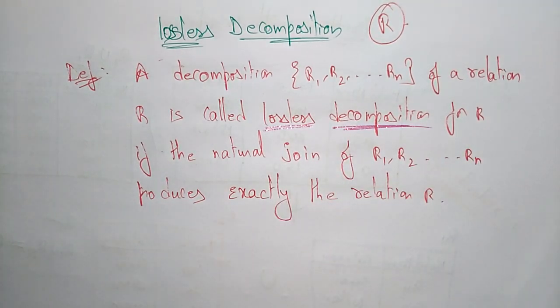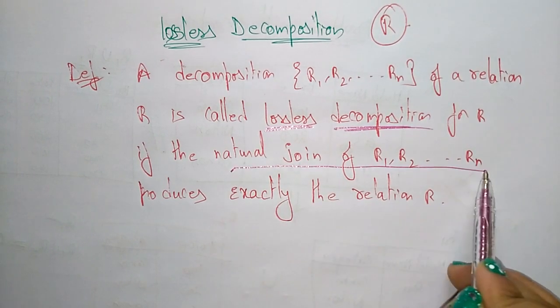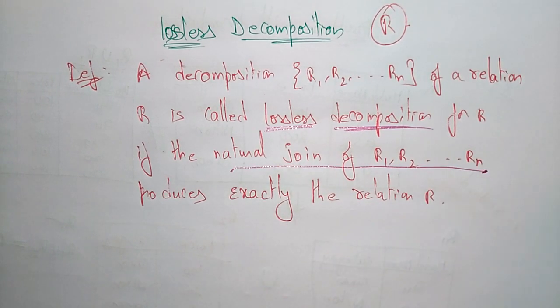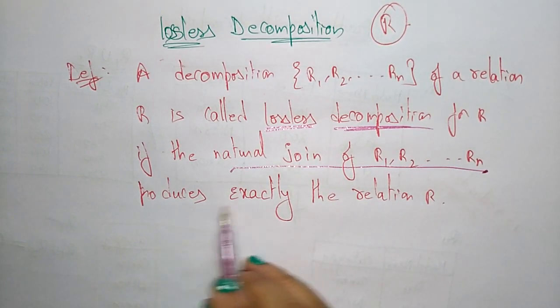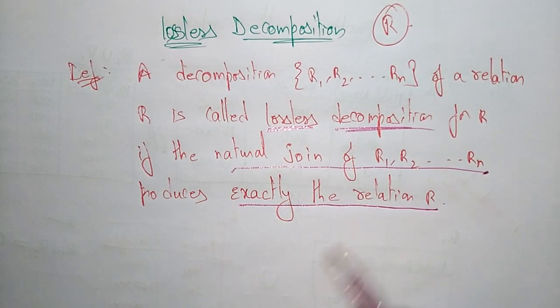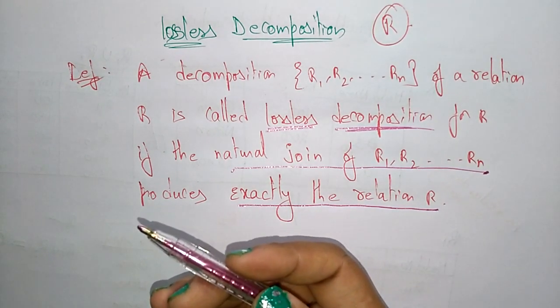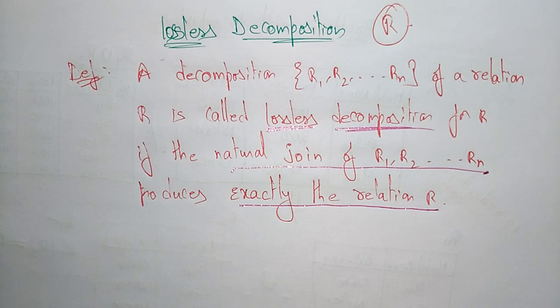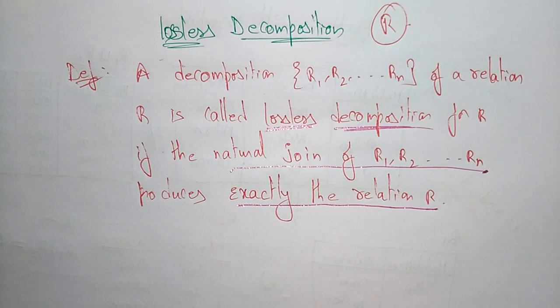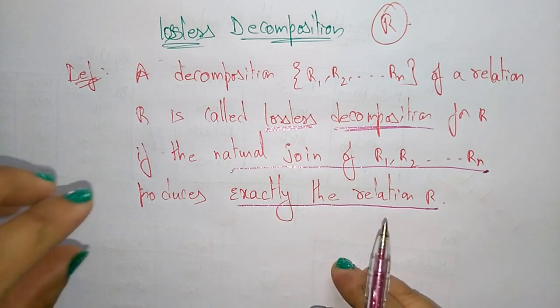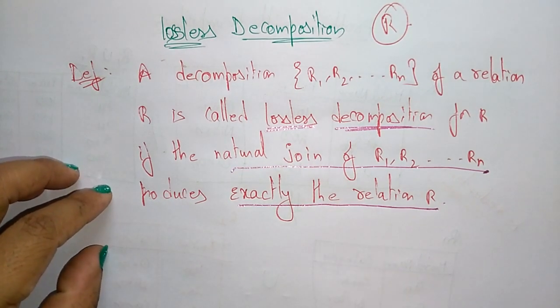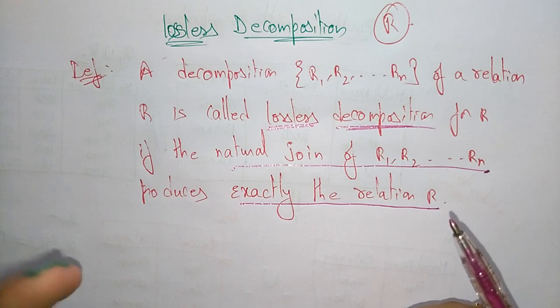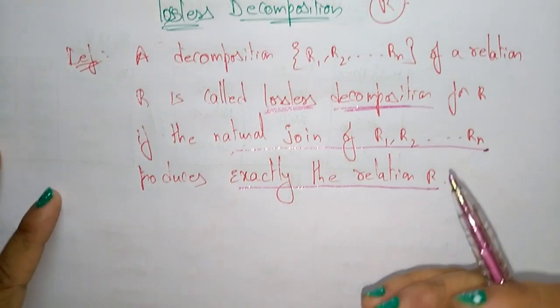When we do the natural join on R1, R2 up to Rn and produce exactly the same main relation table, then you can say this is a lossless decomposition.